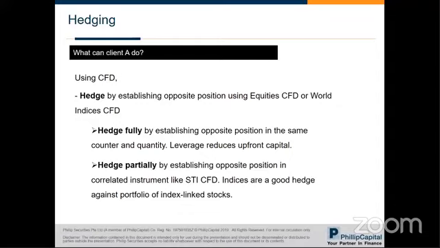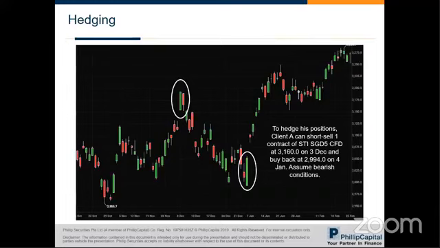Or you can hedge partially by doing the opposite direction in cash derivative instruments, such as the SDI index. So these are good hedges for index-linked stocks, blue chip stocks. So this is an example for hedging.